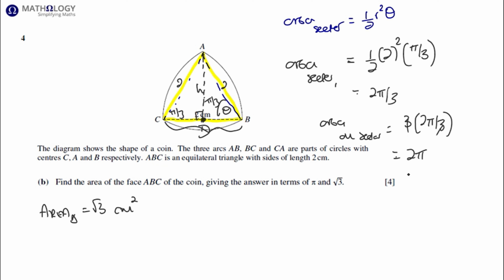So we have the area of all three sectors, which is 2 pi centimeter squared. We've got the area of the equilateral triangle, which is root 3.